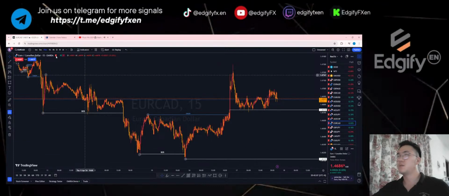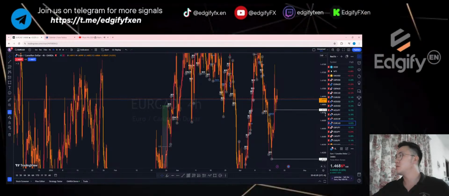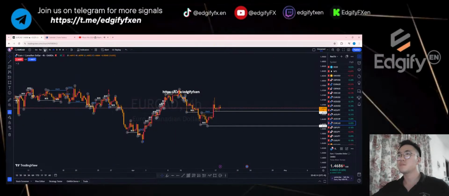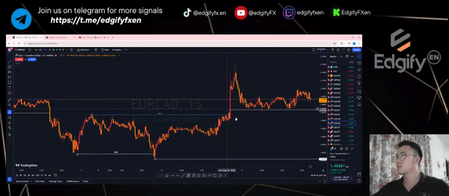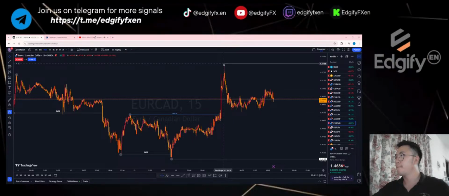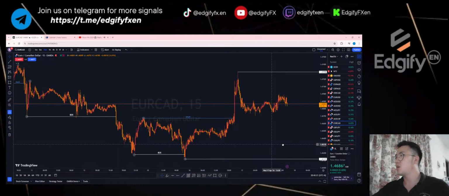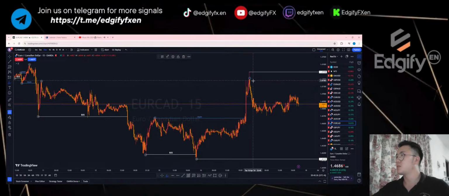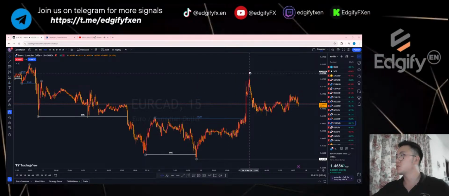EURCAD. This is definitely where we are looking at as our 15-minute zone, which indicates the price is going upwards.